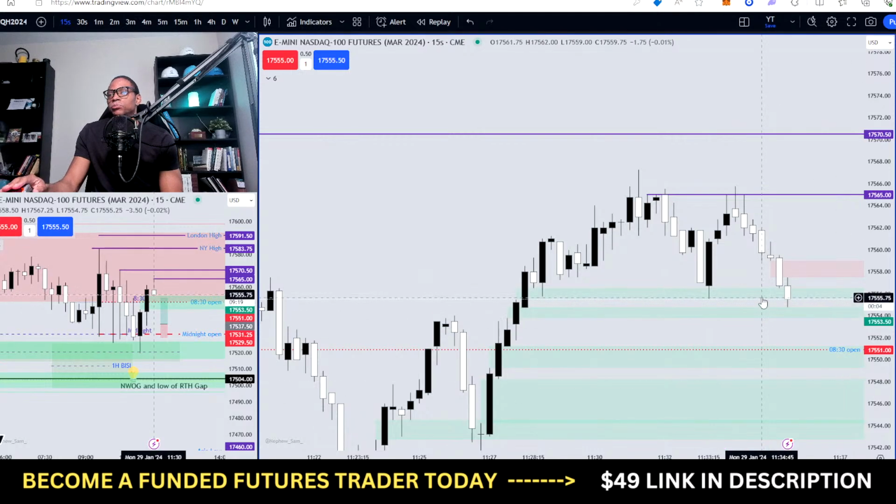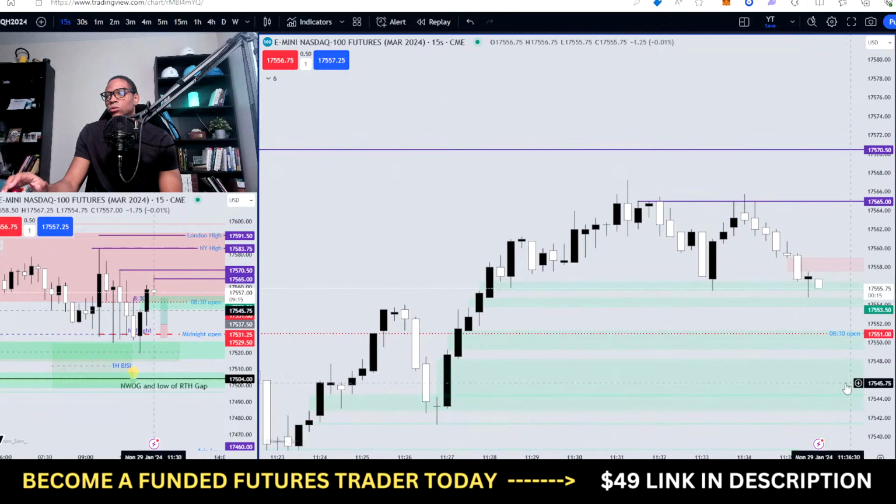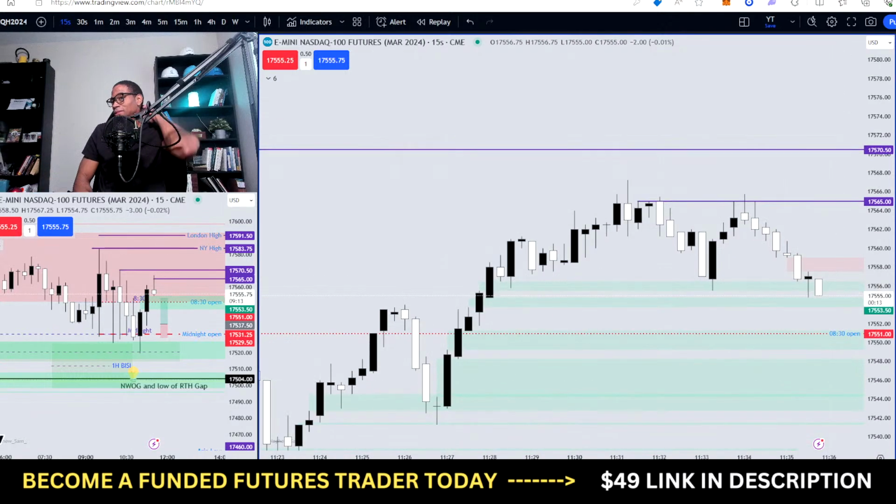All right, another sweep of a low. Let's see if now this pushes price higher or if it continues to push lower. Again, if you're in a long, make sure you know where you want to exit if price turns around on you.